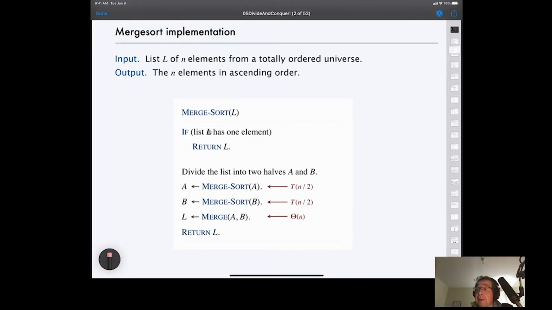And if that new argument has more than one element, this statement will be skipped, and then we will get to divide that left half into two halves, left and right. So now we have the left part of the left and right being fed into merge sort again, and we do that recursively until we find a list of one element, and then we never get to subdivide the file again.